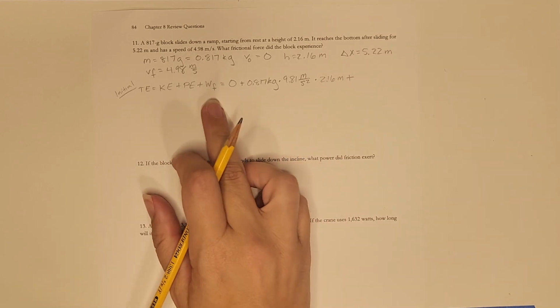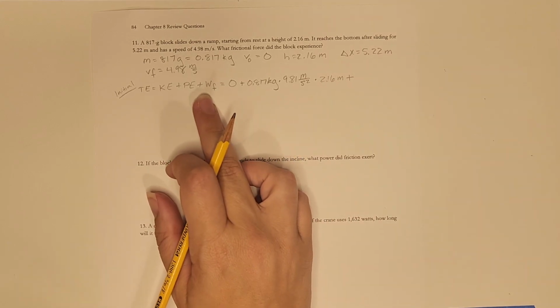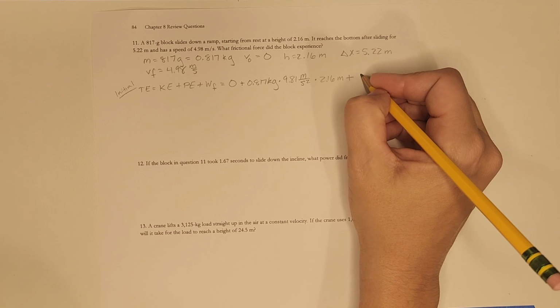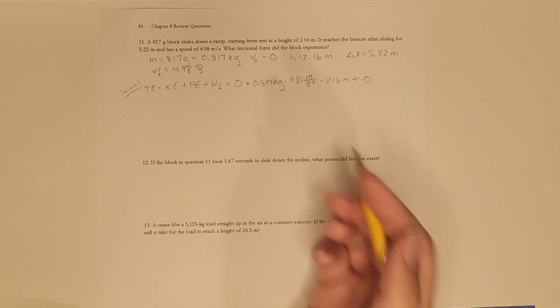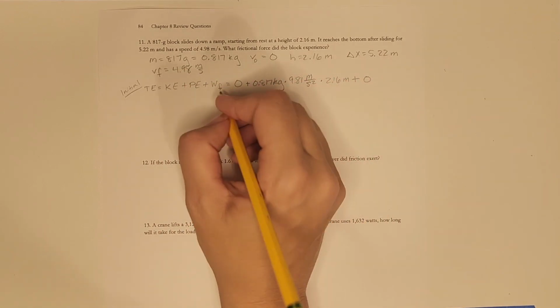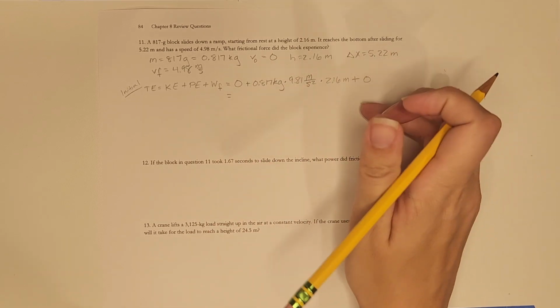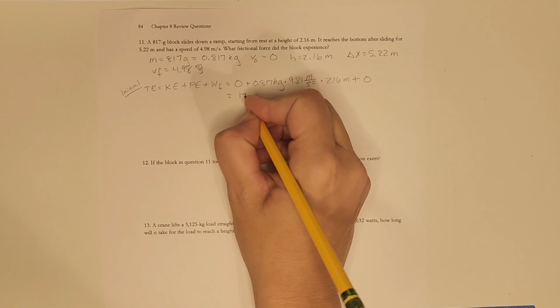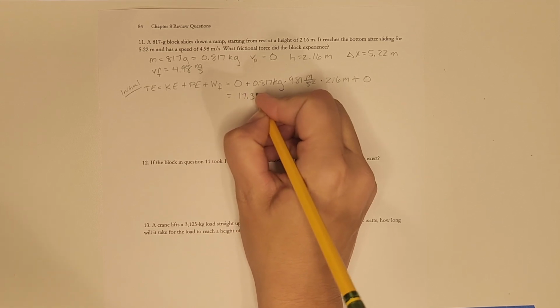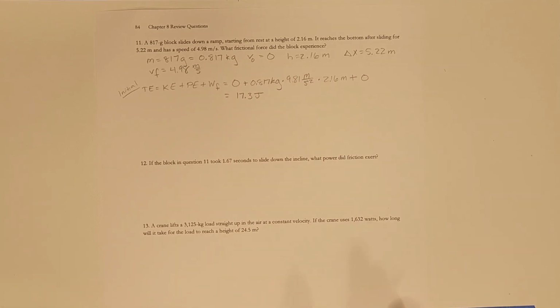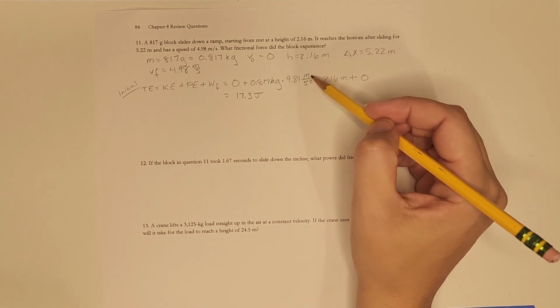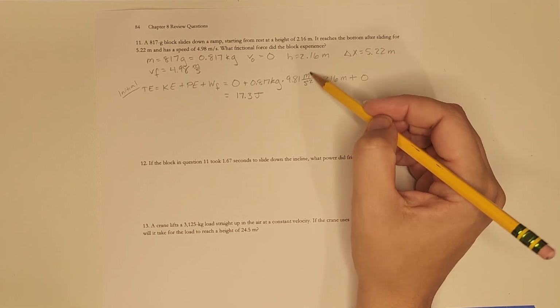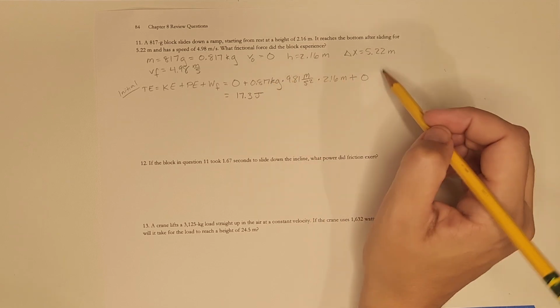And then our work due to friction, we're not moving yet, so that is 0. And so all of that calculated out to 3 significant figures is 17.3 joules. Okay, so we have meters per second squared times meters, so meters squared per second squared, kilograms equals joules.